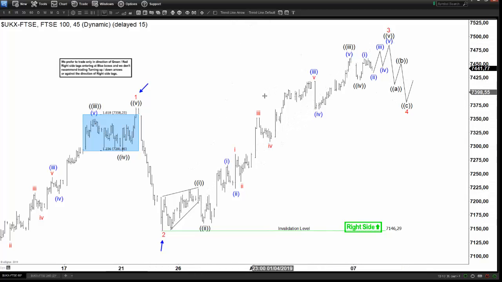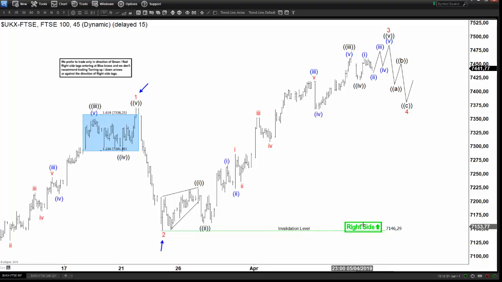Typically, Fibonacci wise, this wave 4 should be generally between the 23.6 and 38.2 retracement of this wave 3. So you need to wait until the wave 3 ends, and then when you measure the retracement, it's usually between 23.6 and 38.2 before another leg higher in the wave 5 in red.